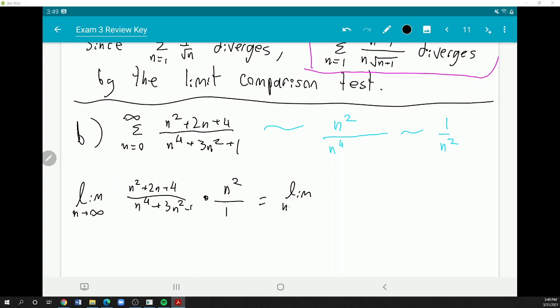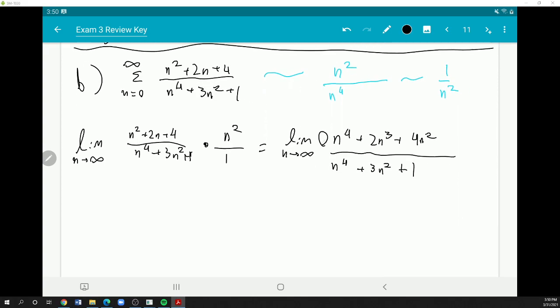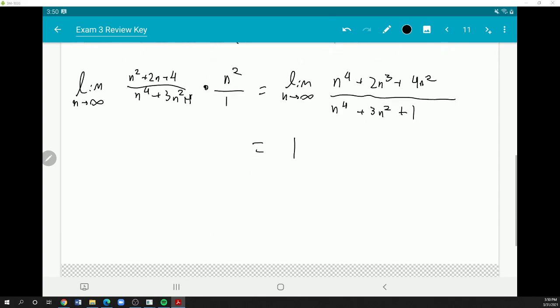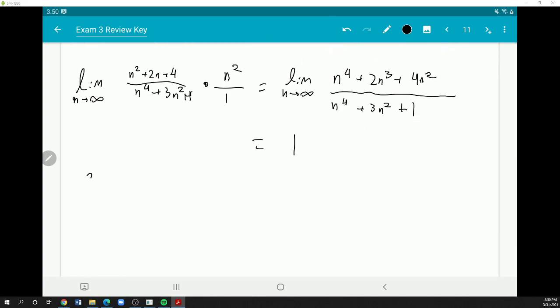So this is the limit as n goes to infinity of n to the fourth plus 2n cubed plus 4n squared divided by n to the fourth plus 3n squared plus 1. Same story: there's a 1 here, a 1 here. So this limit is 1, so the series converge together.